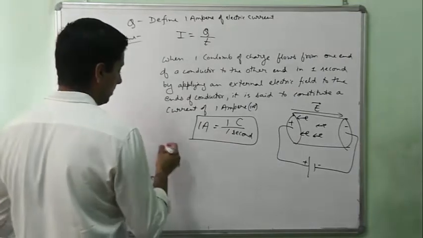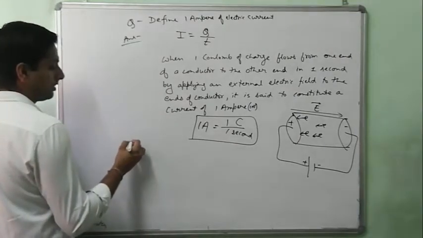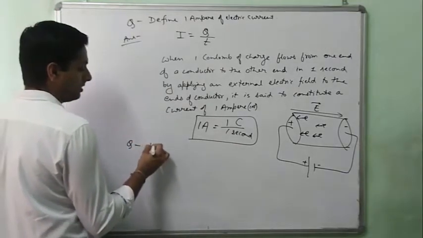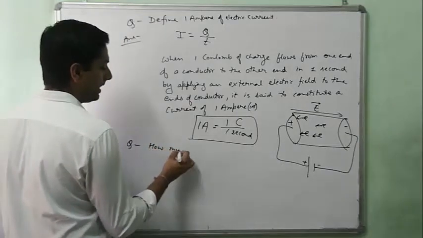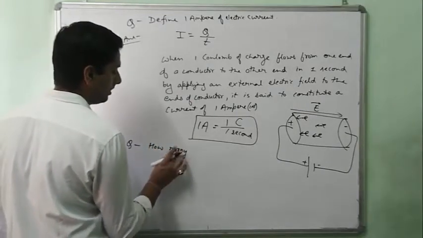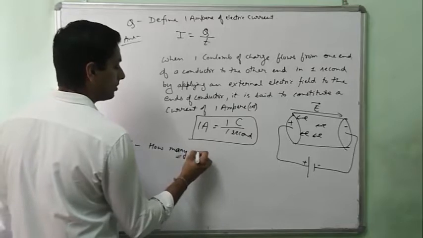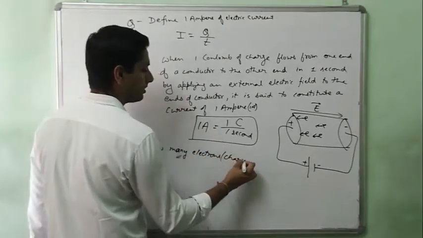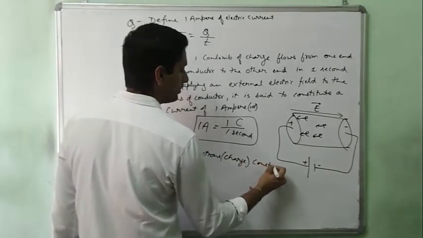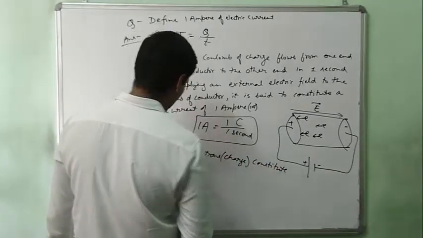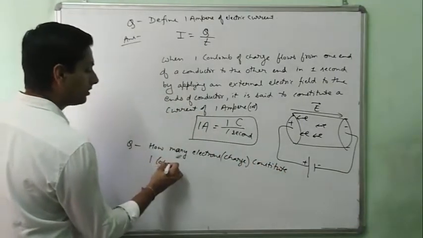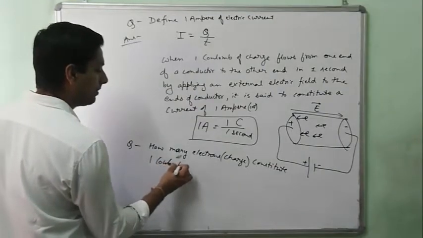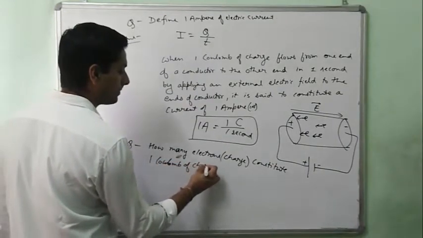Now, the question is, how many electrons, or you can say charge, constitute 1 coulomb of charge?